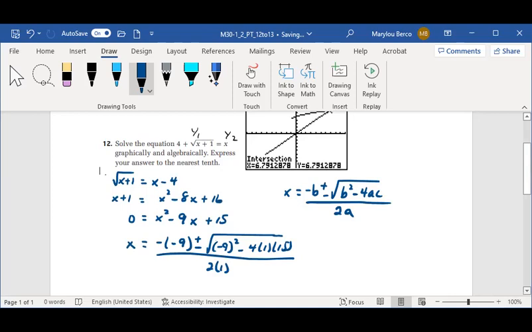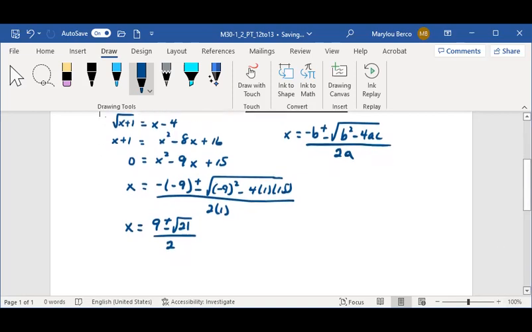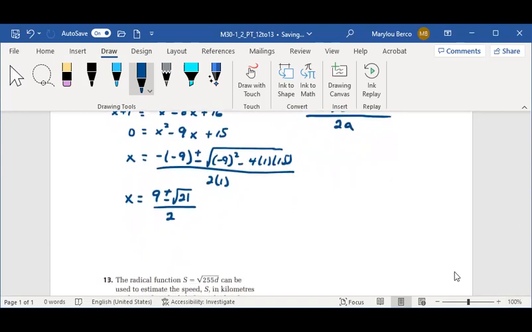And we end up with x equals 9 plus or minus root 21 over 2. Two possibilities: x equals 9 plus root 21 over 2, and x equals 9 minus root 21 over 2.